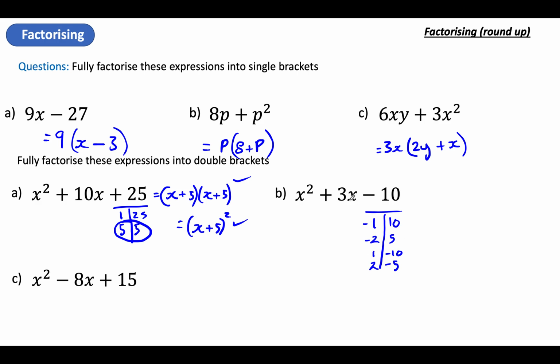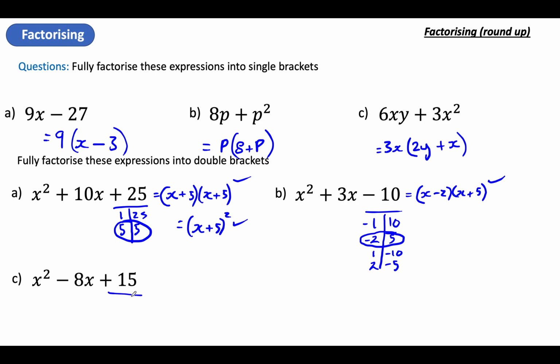One of these pairs will add together to make +3, and it's these two here. If I have 5 and I take away 2, I am left with +3. So I put those two things into brackets: x take away 2, and x plus 5, because the 2 is negative and the 5 is positive. It could go the other way around, x plus 5, x take away 2. It doesn't matter as long as you've got those two numbers there.